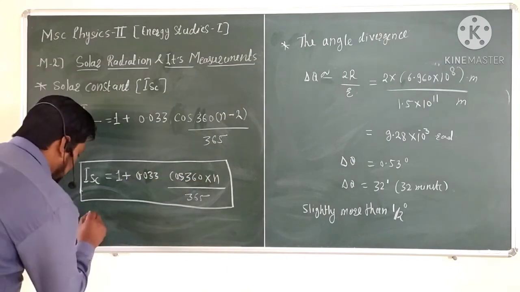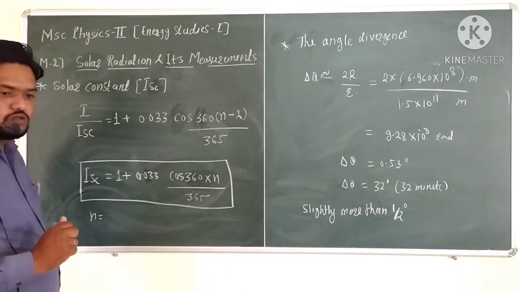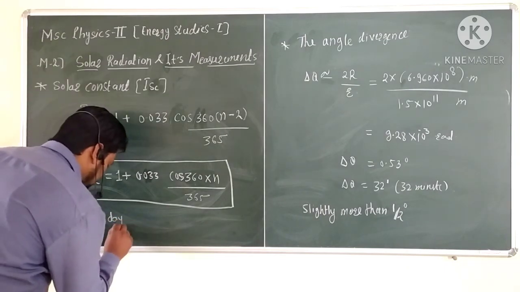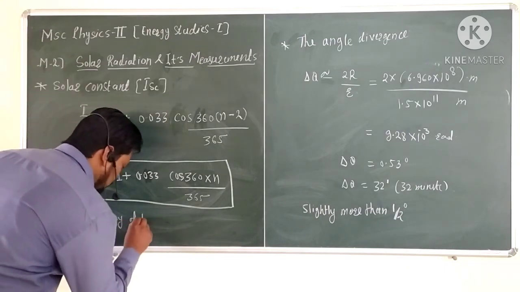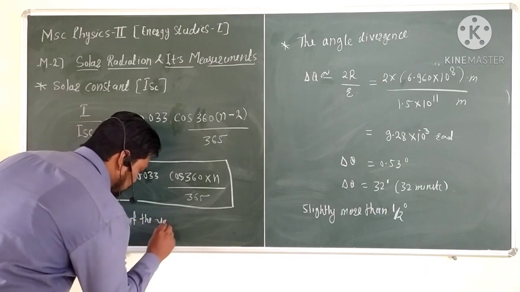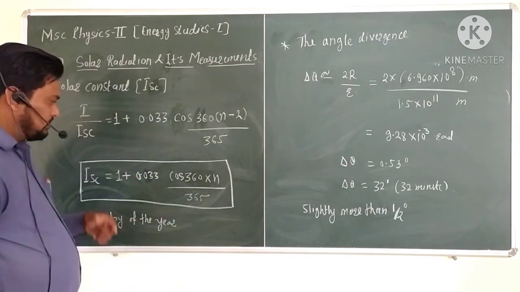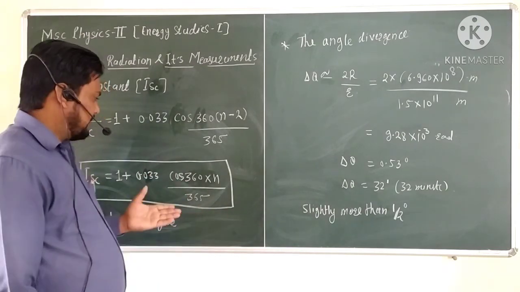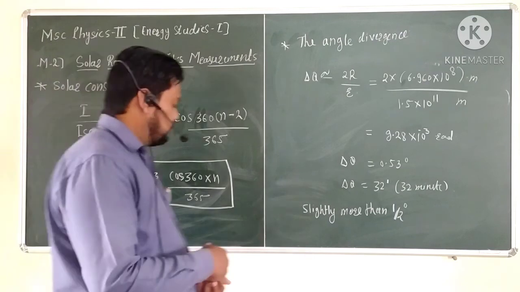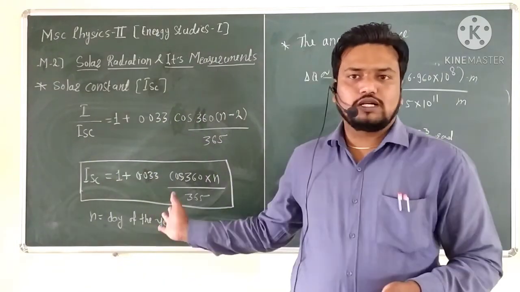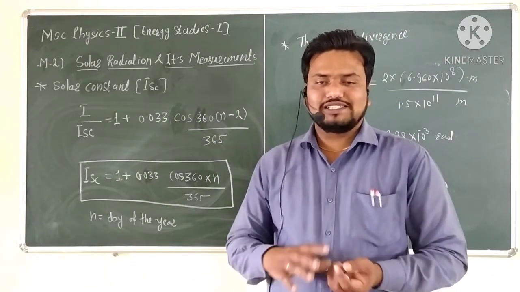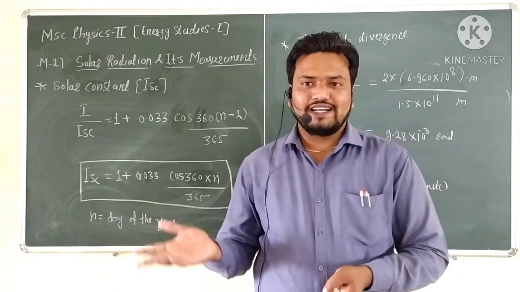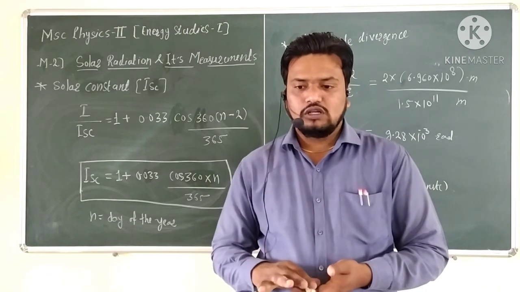Here n is the day of the year, and putting in the day number of the year, we get the idea of the solar constant according to that day. So this is the information about the solar constant, or how much radiant energy is incident on the earth surface.